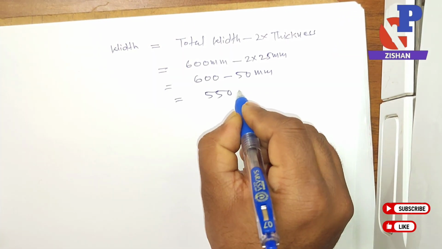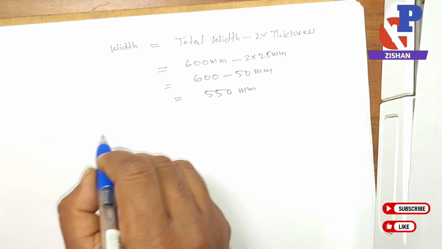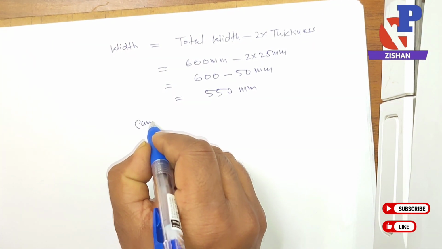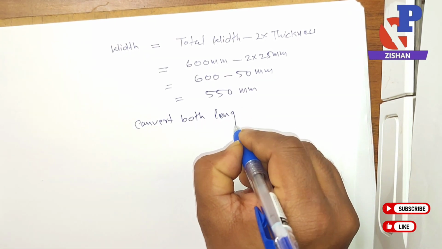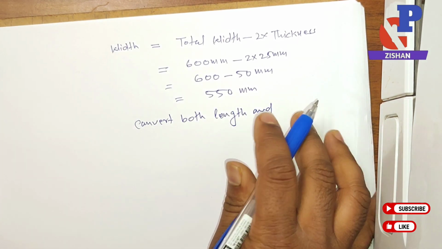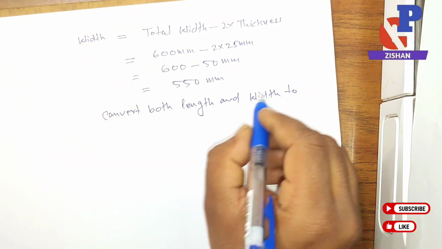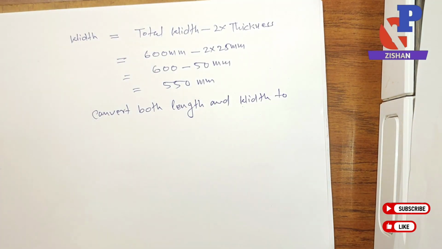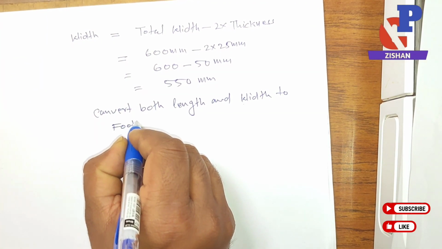Now the flow width equals 550 mm. For the CFM we have to convert both length and width into feet, so that we can calculate the CFM value.